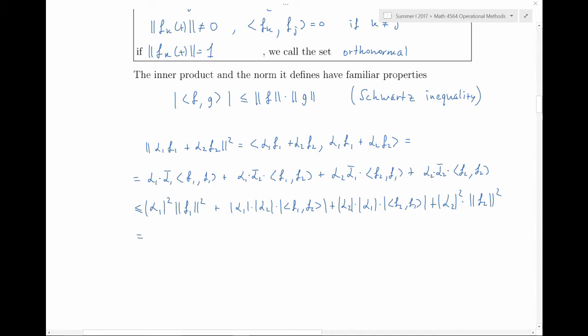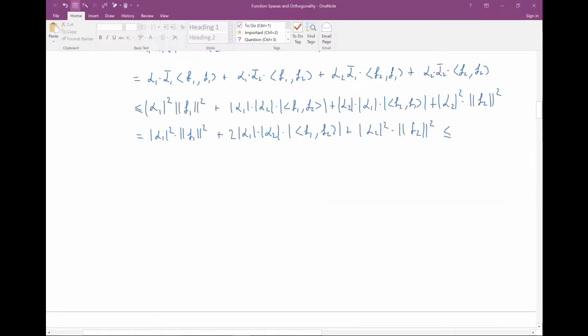So we can say that this is the same as the absolute value of alpha 1 squared times norm of f1 squared, plus 2 absolute value of alpha 1 times absolute value of alpha 2 times the absolute value of f1 with f2 in inner product, plus absolute value of alpha 2 squared and a norm of f2 squared.